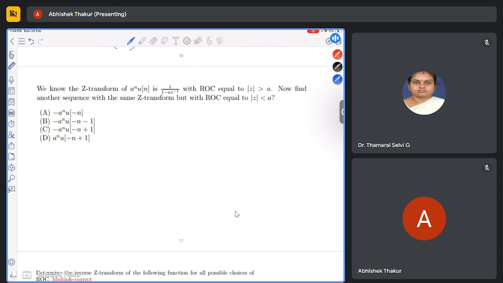Now we know that the Z transform of a to the power of n u of n is equal to 1 by 1 minus a z inverse, with ROC mod of z greater than a. Now find another sequence with the same Z transform but with ROC mod of z less than a.